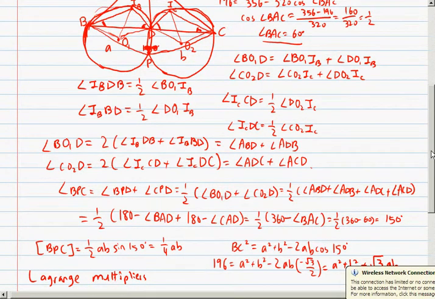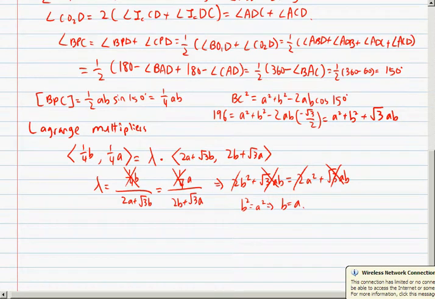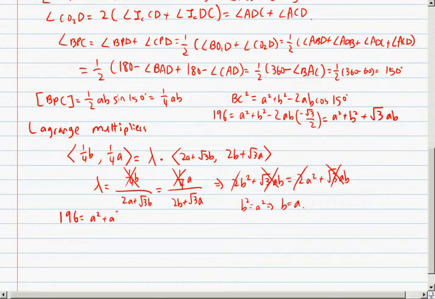And so that basically means that we need to have 196 equal to A squared plus √3 A squared.